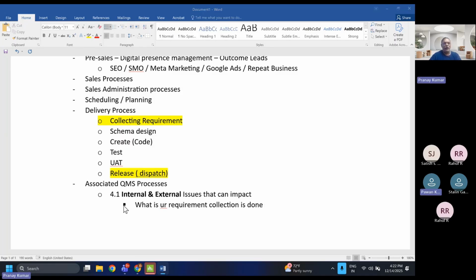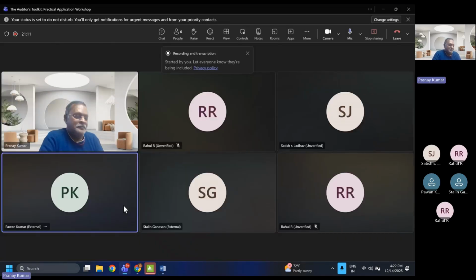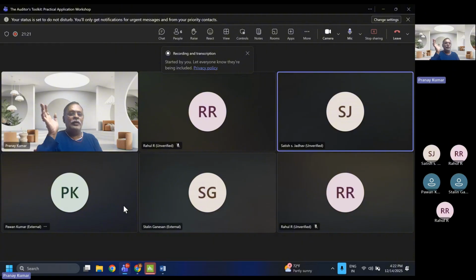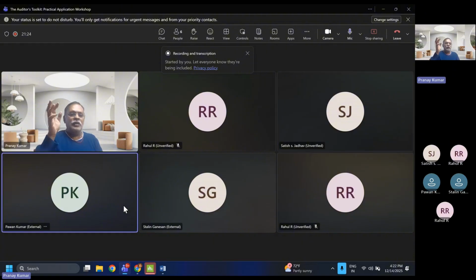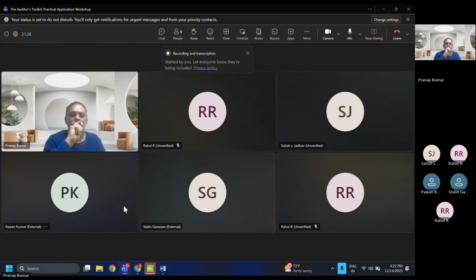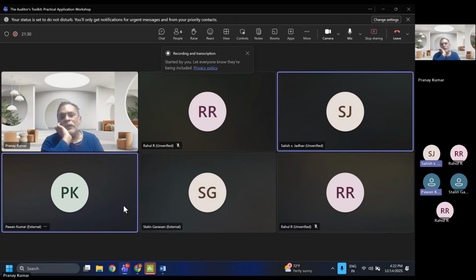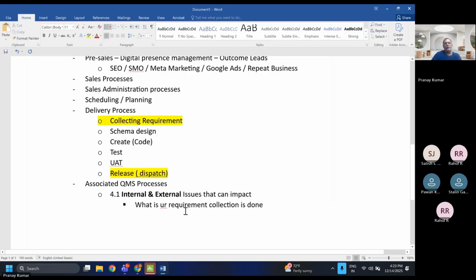So if I do, there may be some issues, some non-conformances. That's why I am starting from the beginning. I am saying that if Pawan's company has not understood the customer's requirement properly. Properly understanding, not done. Correct.